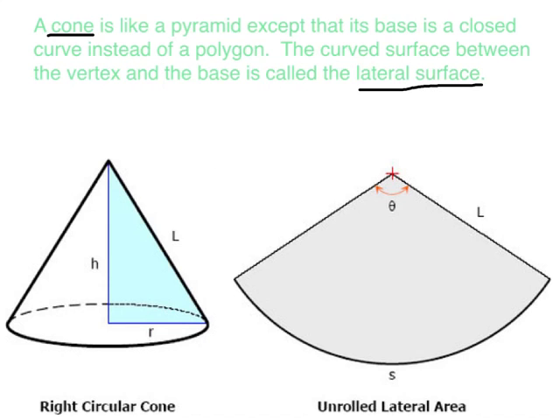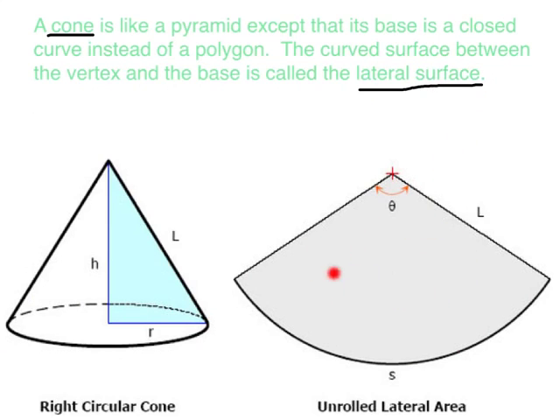Now a cone is like a pyramid, except that its base is a closed curve. Here you've got an open base, like if you cut it and just laid it out flat, then it would be a curve instead of a polygon, a closed curve, okay? The curved surface between the vertex and base is called the lateral surface.